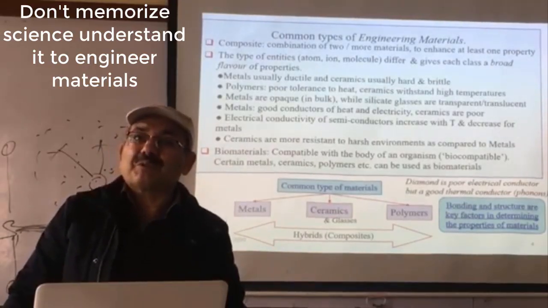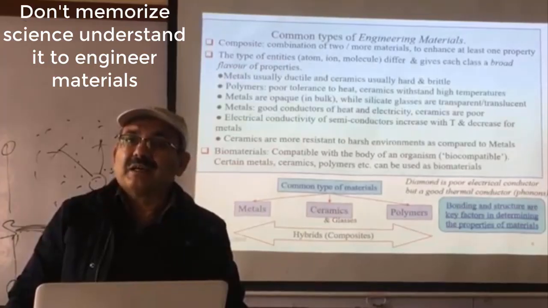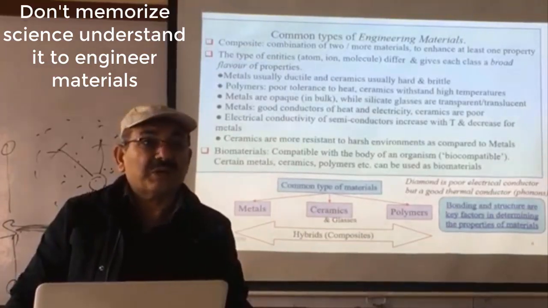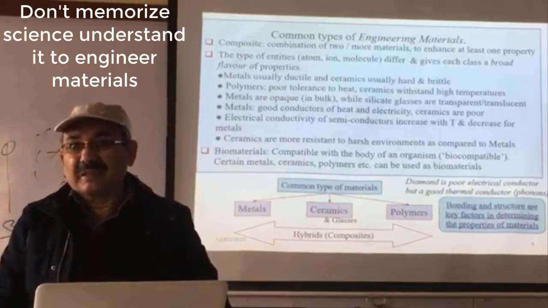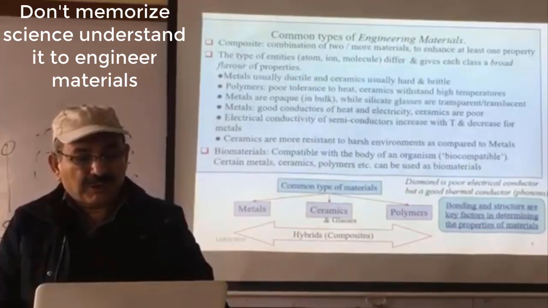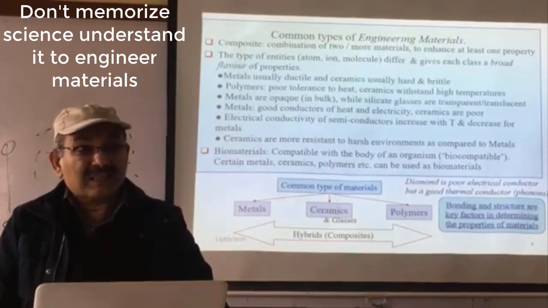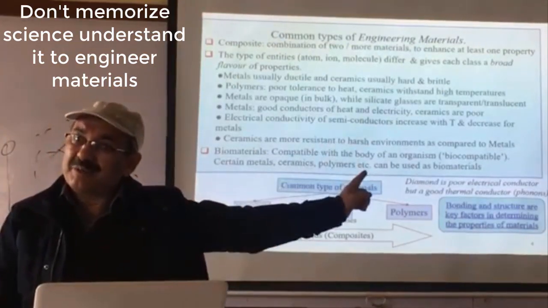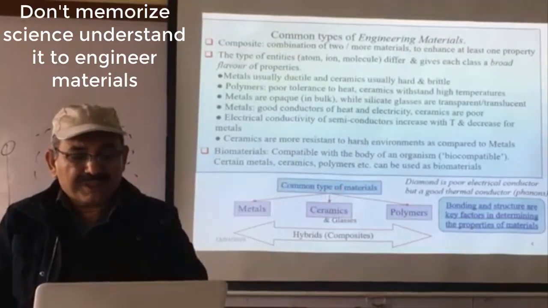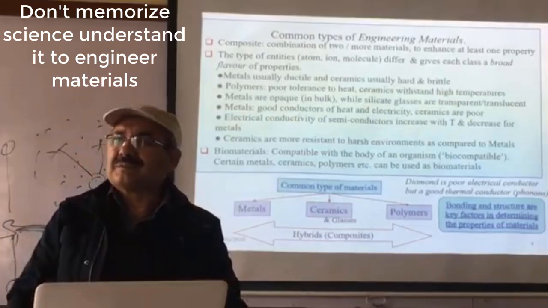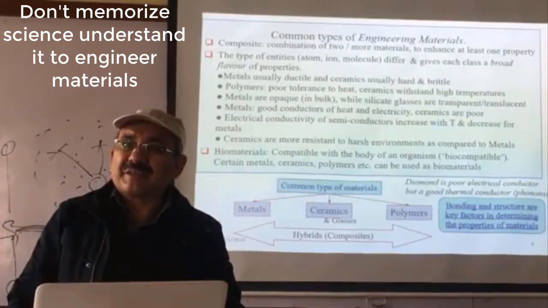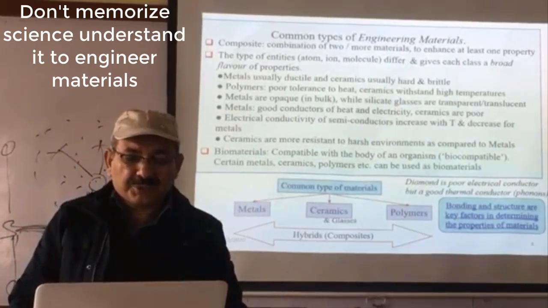Which atom will prefer to make a weak bond? Which atom will prefer to make a strong bond? A material scientist must know that if he or she is moving forward. So the metals are ductile because of that atomic structure, and ceramics are brittle because of that specific sort of bonding, as I told you.